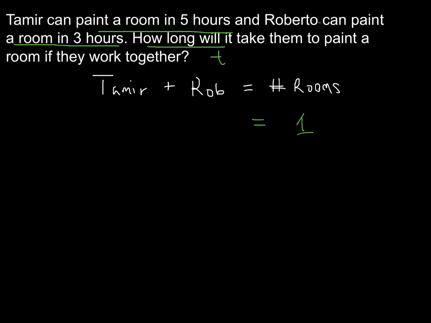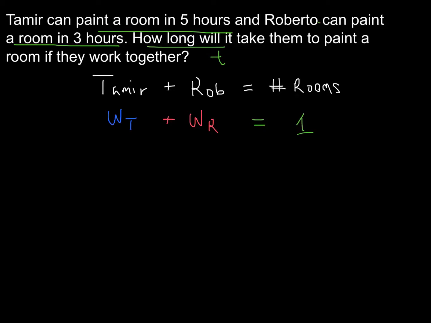So now we've got to think about how do I figure out how much of the room Tamir paints? Well, this amount that Tamir paints is really the amount of work that Tamir is doing. Okay, so I'm going to use colors here. So this is really the work that Tamir does, and I'm going to add that to the work that Rob does, and when I combine these together, the total work that they do has got to be 1.